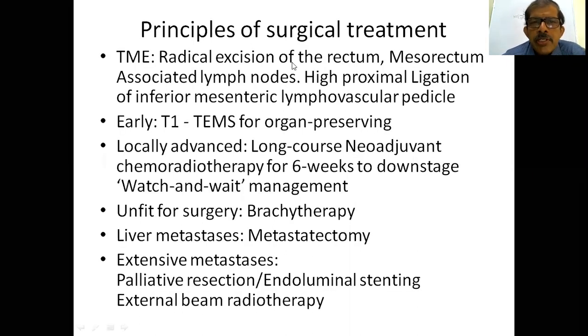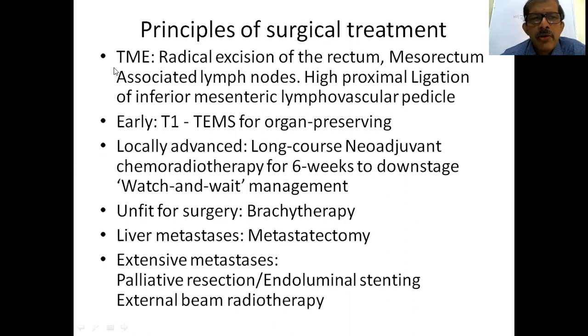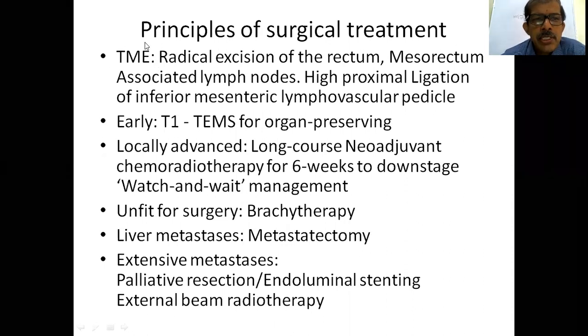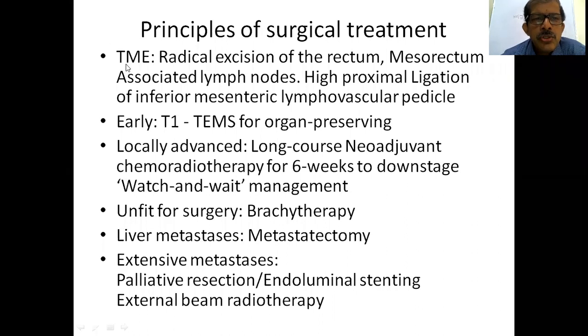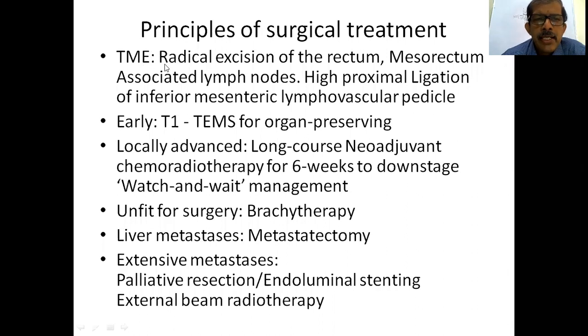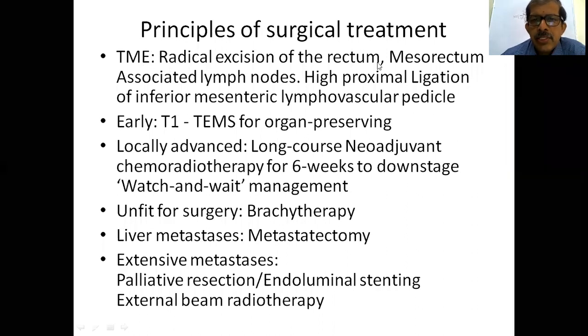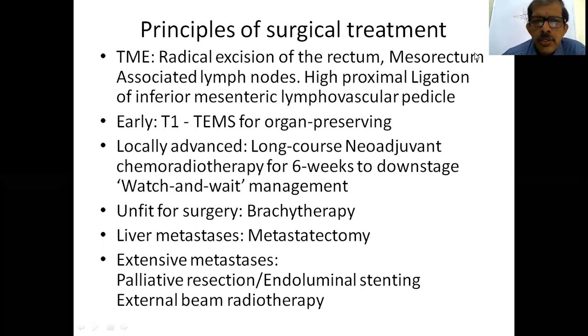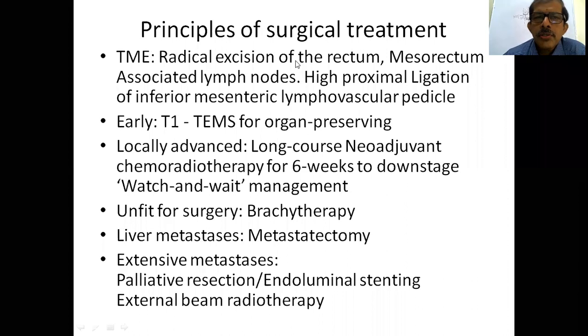So what are the principles of surgical treatment of carcinoma rectum? You should remember this term, that is TME, total mesorectal excision, which contains radical excision of the rectum and mesorectum. In stomach, I told you, stomach with growth, then the omentum, lymph nodes. Here also total rectum along with mesorectum and lymph nodes.